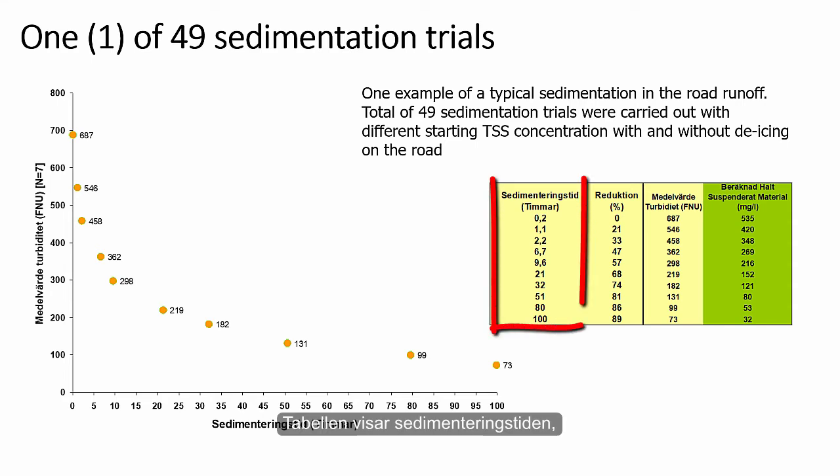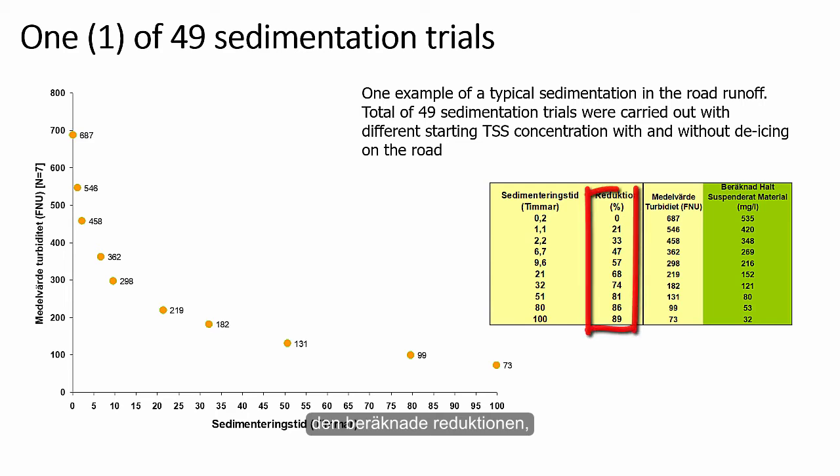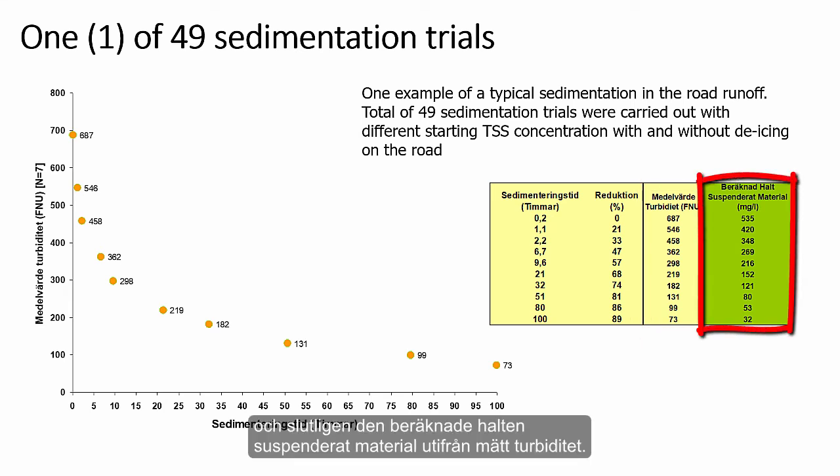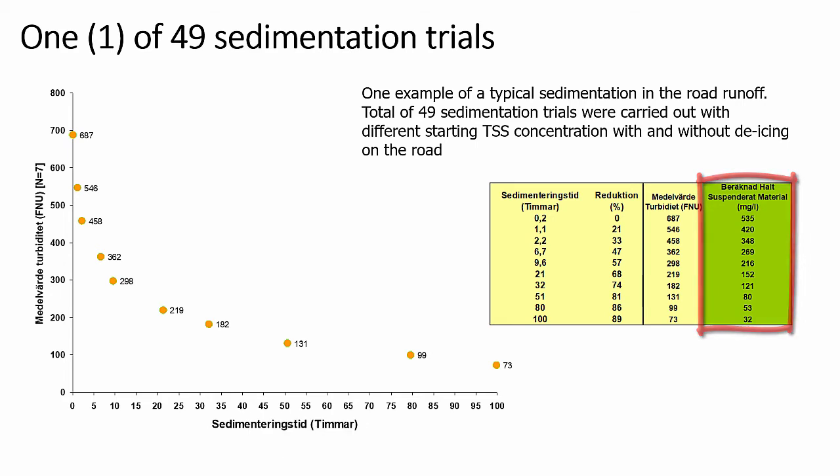The table shows you the sedimentation time, the calculated reduction, the average value of the turbidity that you also see in the graph, and finally you see the calculated suspended solids concentration based on the turbidity.